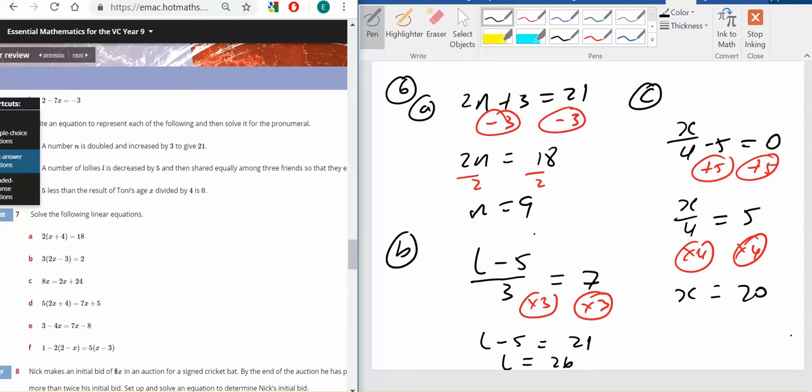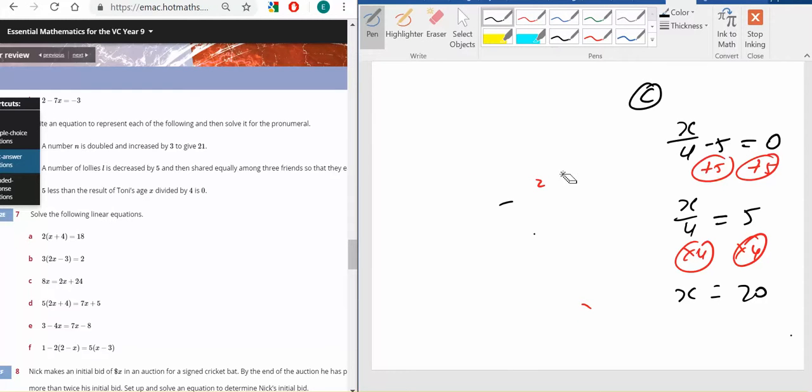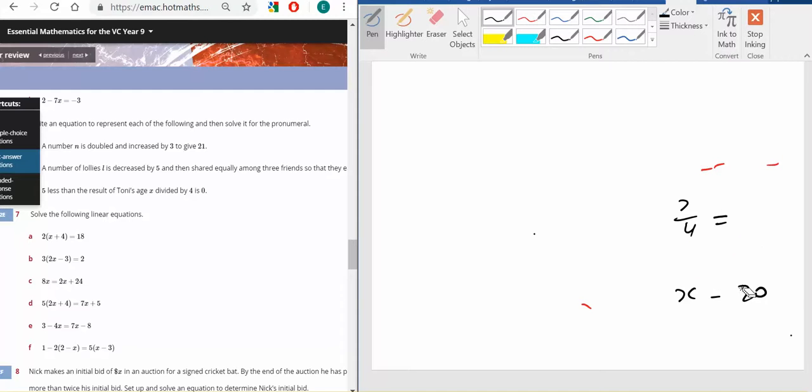Question 7. So I'll rub everything out. We'll do question 7 together. So question 7 is basically solving for the unknown again.